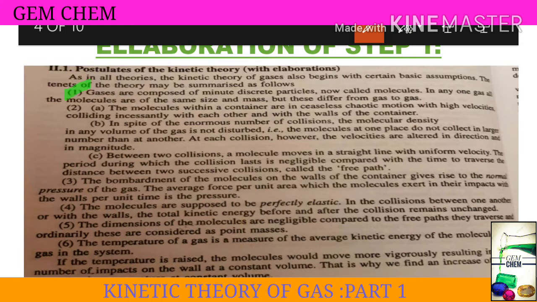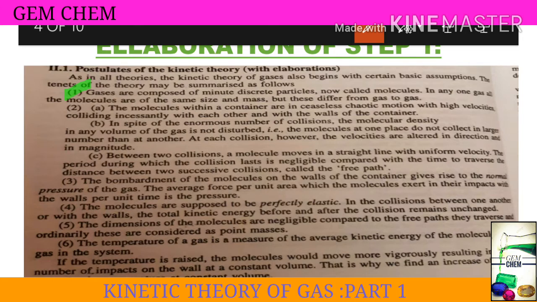First point, gases are composed of minute discrete particles, now called molecules. In any one gas, all molecules are of the same size and mass, but these differ from gas to gas. Thus, this point indicates that gases are composed of molecules. Suppose we have oxygen gas, it will have only oxygen molecules with definite mass and size.